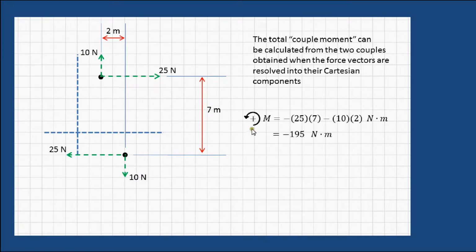So in this particular case, the total moment is not being calculated about any given point.